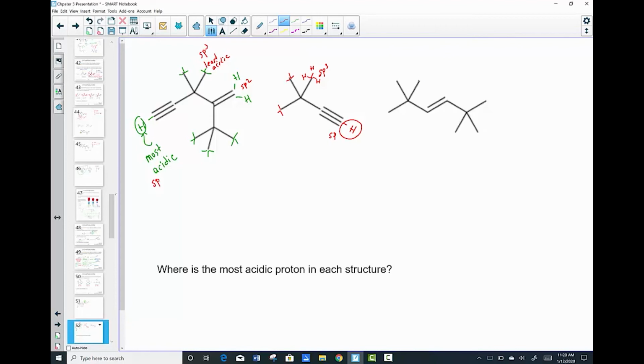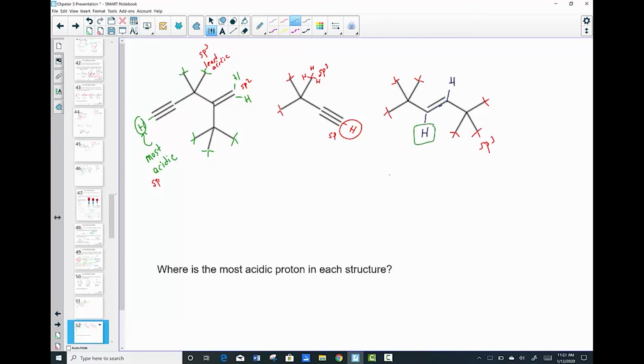Notice here we have 9 equivalent hydrogens on this side, which are identical to the 9 equivalent hydrogens here. Those are all sp3 hybridized. Finally, here we have a hydrogen here and a hydrogen here. Notice that these are what we call equivalent hydrogens.